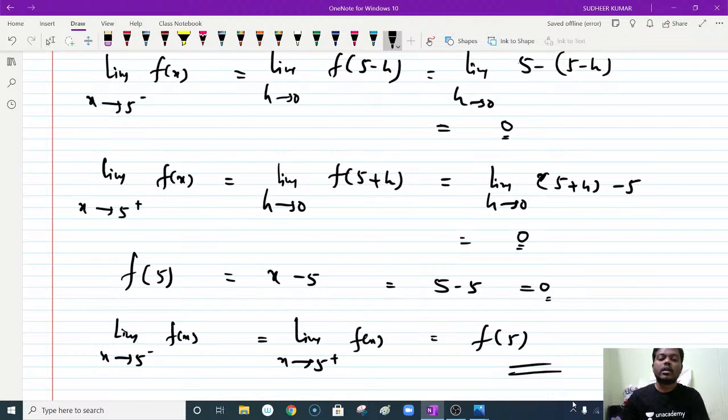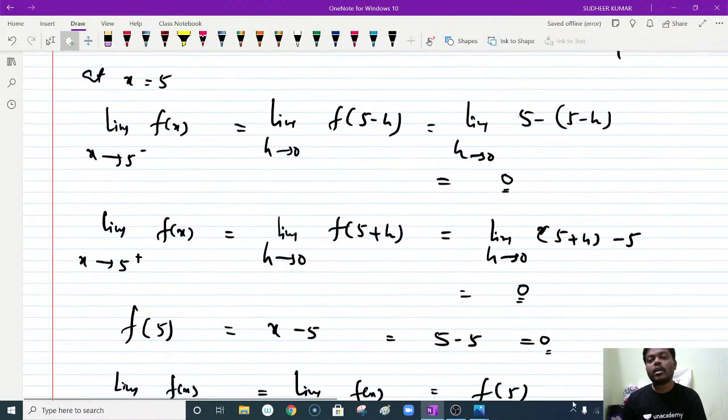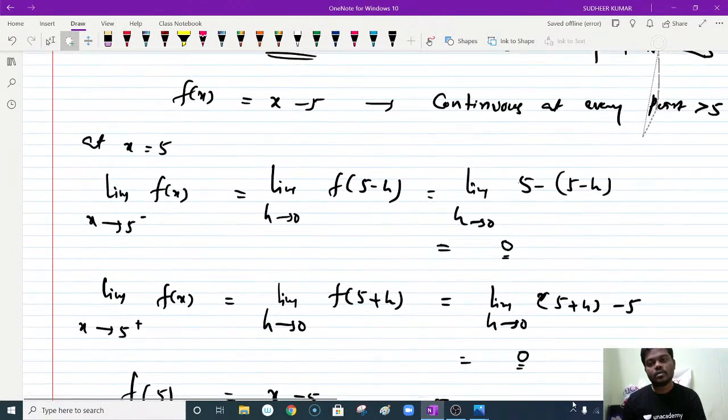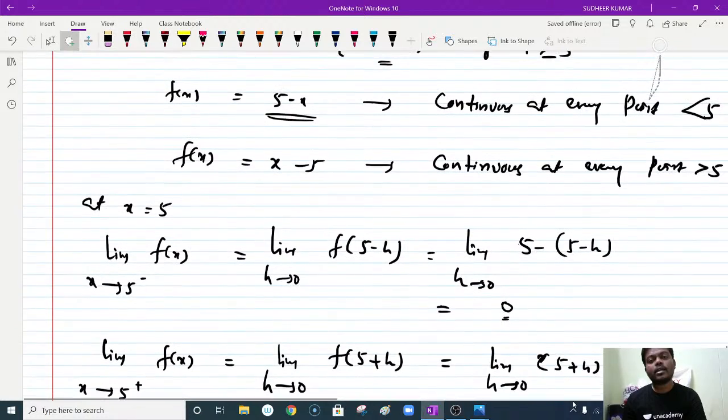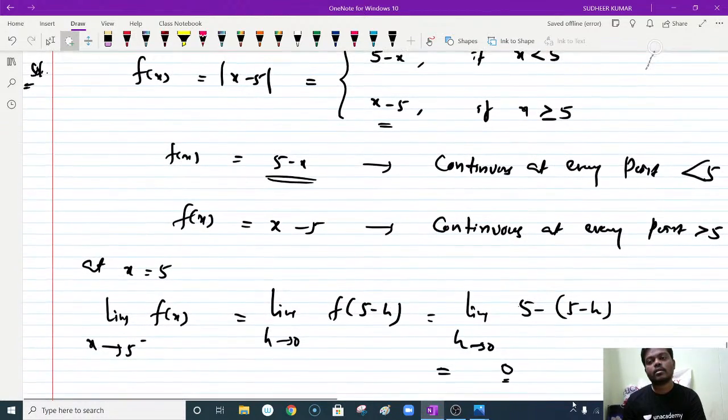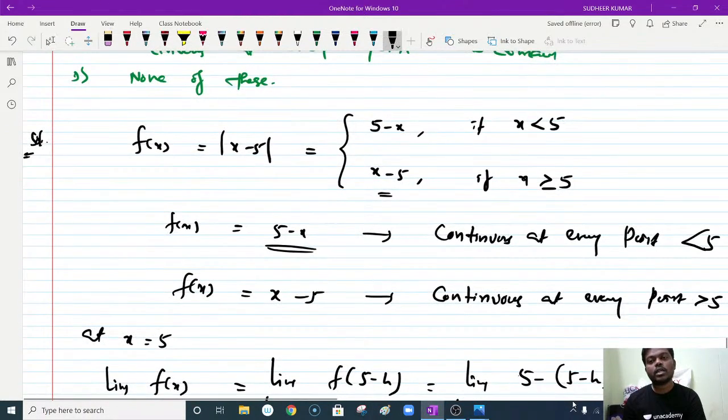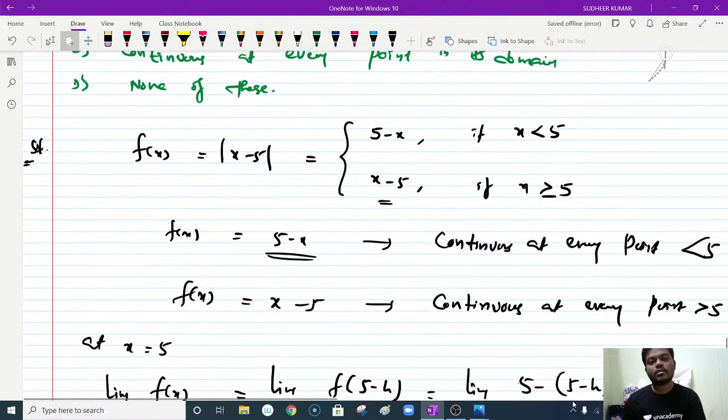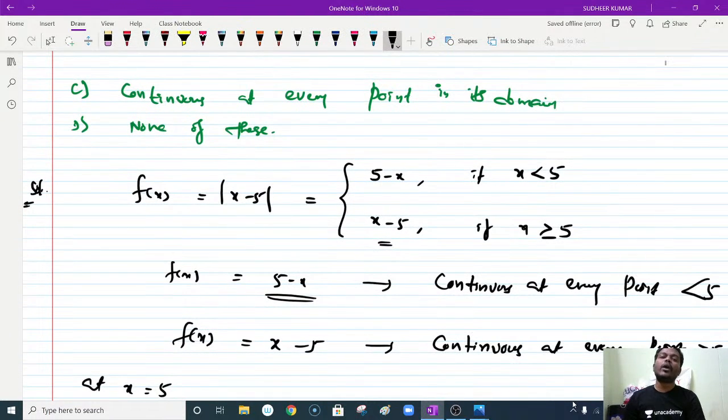So it is continuous at every real number. So we can write the correct answer is, what's the correct answer? Continuous at every point in its domain. Right? Next.